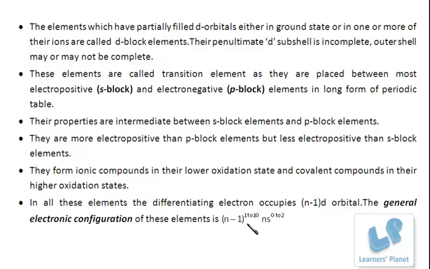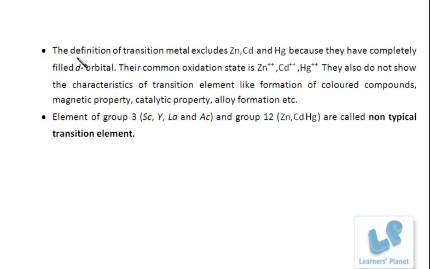But zinc, cadmium and mercury, which are group 2B elements, are excluded from the definition of transition elements. Let's see why. The definition of transition metal excludes zinc, cadmium and mercury because they have completely filled d orbitals. Like zinc, the atomic number of zinc is 30 and its configuration is 4s2 3d10.